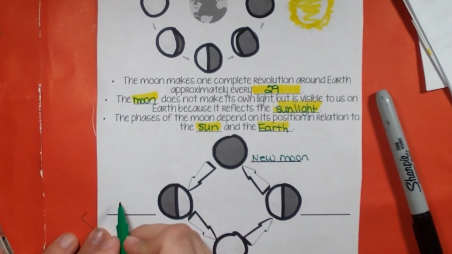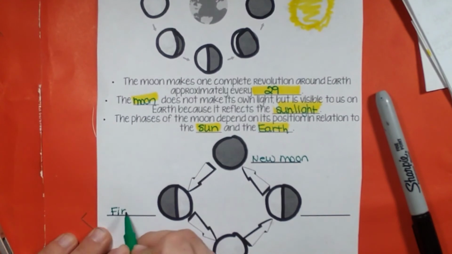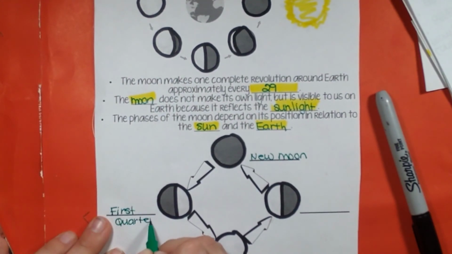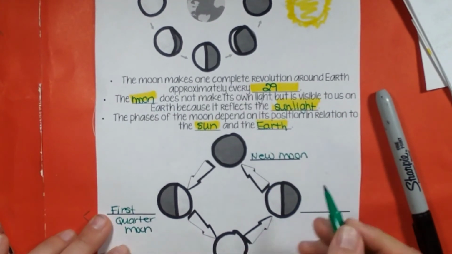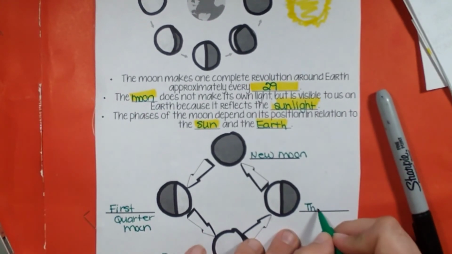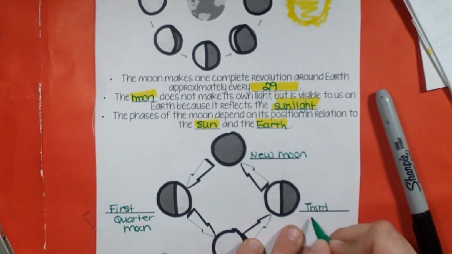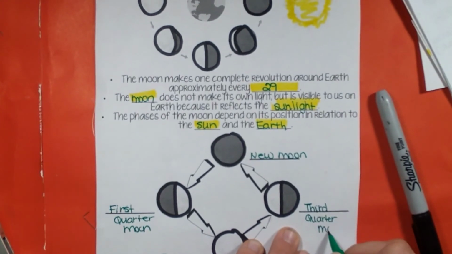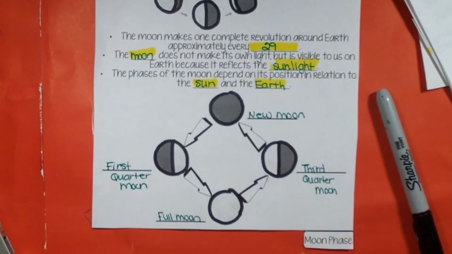This is a first quarter moon. And this is a third quarter moon. And those are our moon phases. So that will be all of our solar system review.